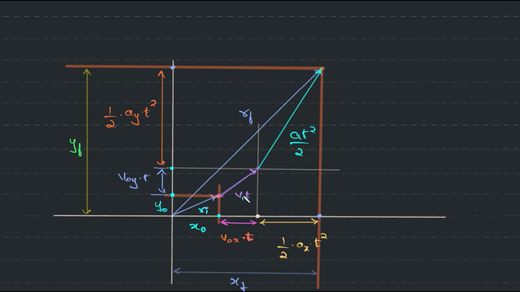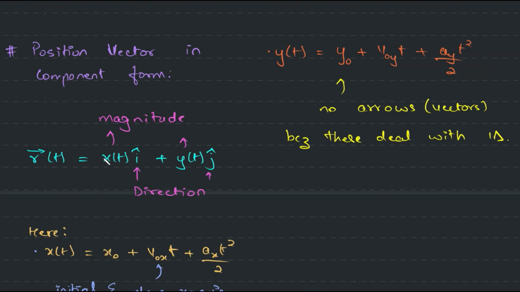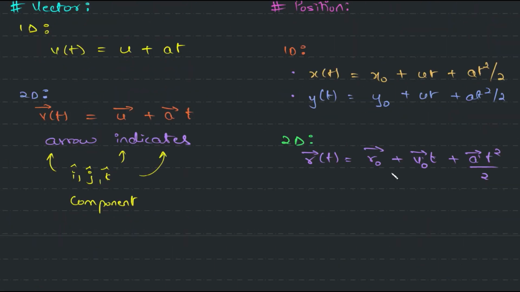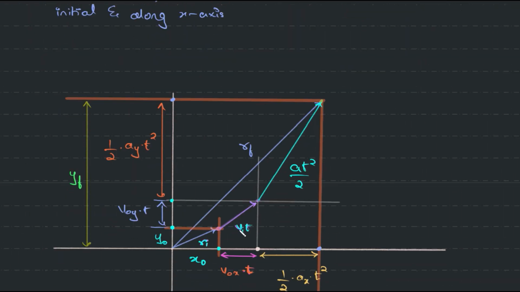Okay, v initial t and half at square. So rf is a combination of ri plus vit plus half at square, and that's this formula. So I'm representing it as v naught, sorry. So this will be our v naught and this is r naught. R naught, v naught t, and that's it.